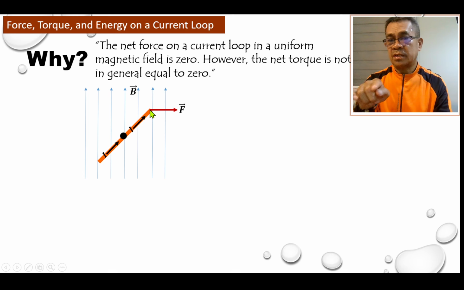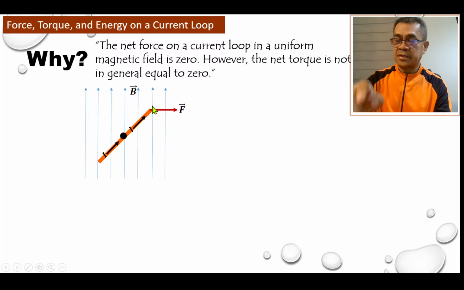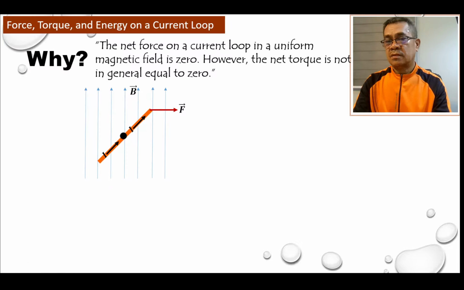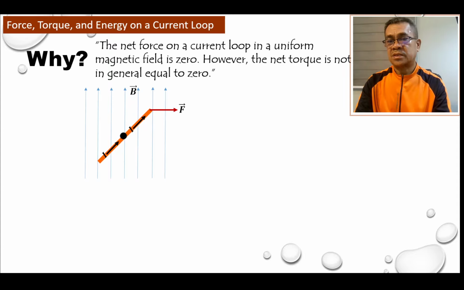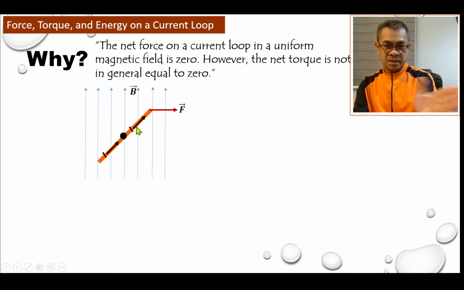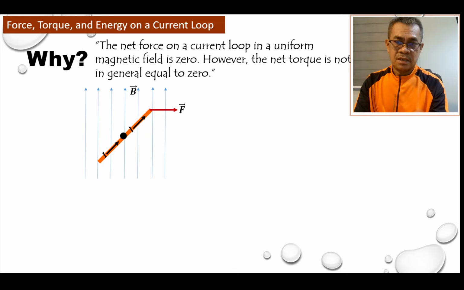There is a force on the segment which is perpendicular to the plane, because we have the straight conductor directed into the screen, and it experiences a force which is directed towards the right.